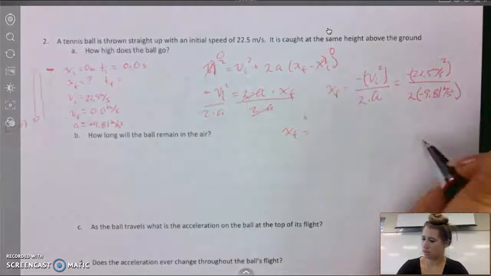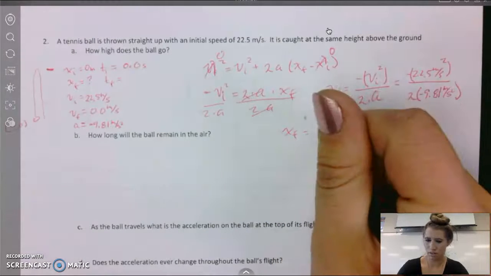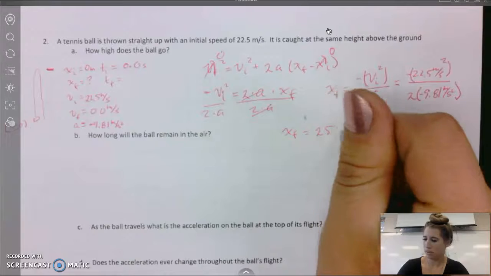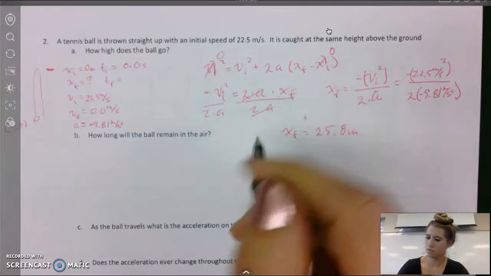This final is 3 sig figs, so 25.8 meters.